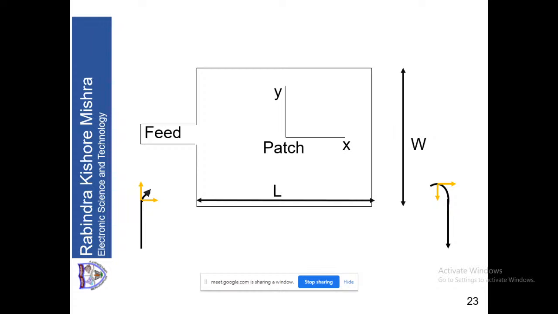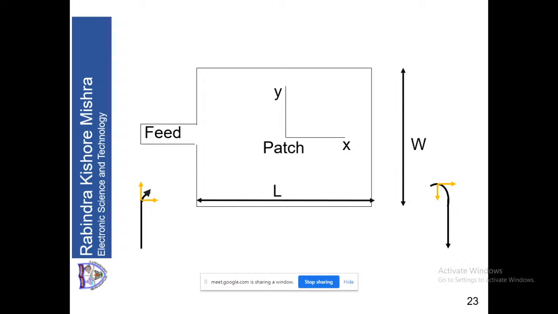If there is radiation because of these two components of the field, upward on the left hand and downward on the right hand, they will cancel out. So effectively that will be like a field which exists or is bounded between the patch and the substrate. It is not coming out of the substrate. It cannot come out of the substrate. And then you can see that in both the cases, the horizontal component is from left to right.